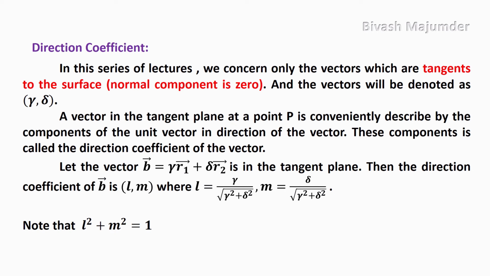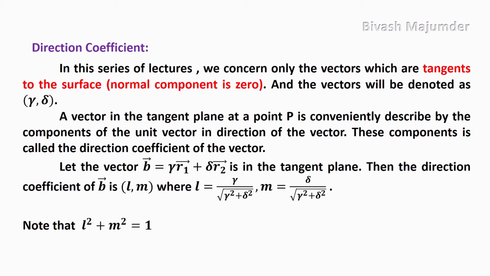Let the vector B equal gamma R1 plus delta R2 in the tangent plane. Then, the direction coefficients of B are (l, m), where l equals gamma divided by the square root of gamma squared plus delta squared, and m equals delta divided by the square root of gamma squared plus delta squared.